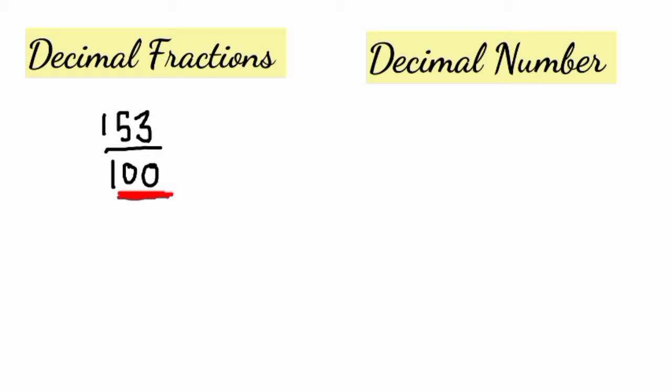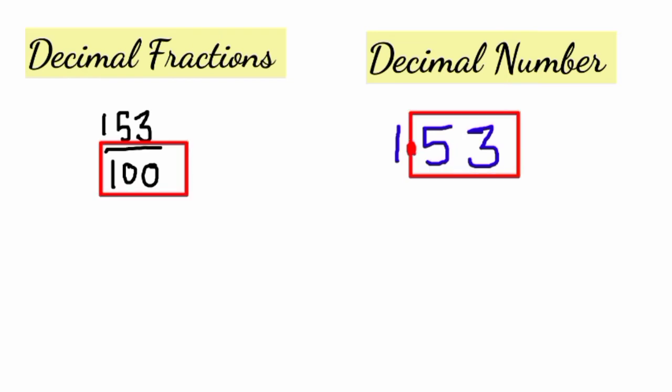Because the digits after the decimal are the decimal places, right? So 2 zeros, so there should be 2 digits after decimal. So firstly write the upper part 153 and count 2 digits from the right: 1, 2. You will put the decimal here. Now check, after decimal we have 2 digits. And in this decimal fraction also we have 2 zeros in the denominator. So it means our answer is right.